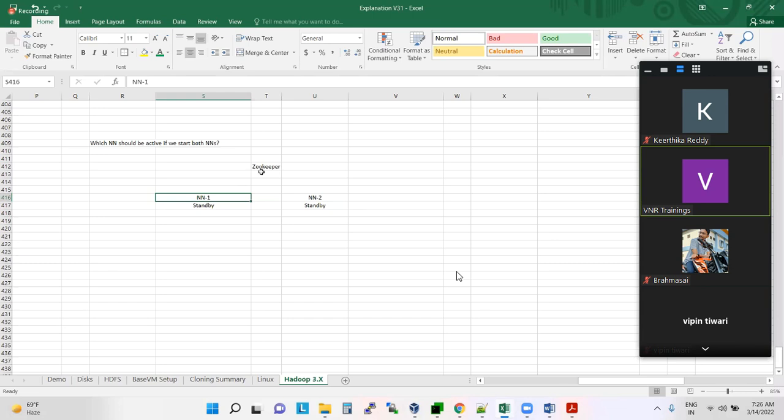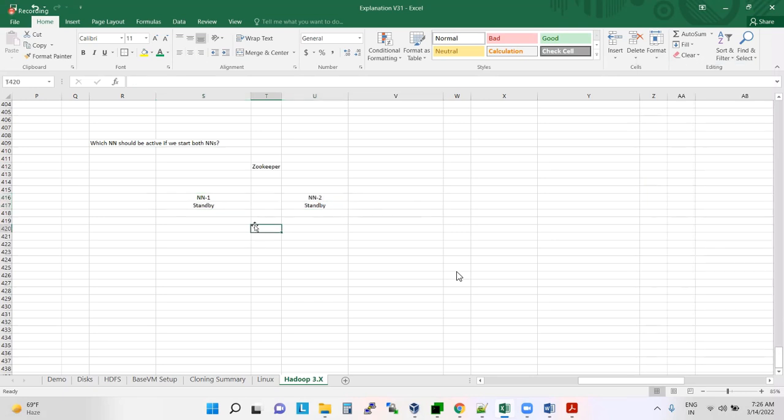Okay. So now we have two name nodes. I started both the name nodes. Both are in standby. Now we are bringing zookeeper to select any one as active. Now the question is, which name node will it select as active in this scenario?